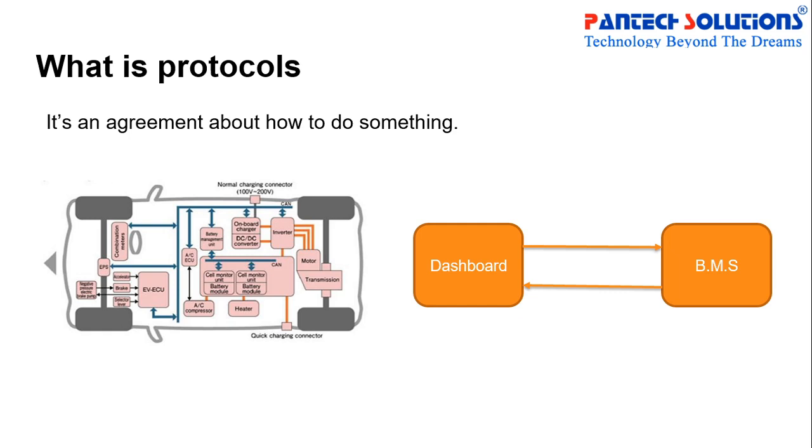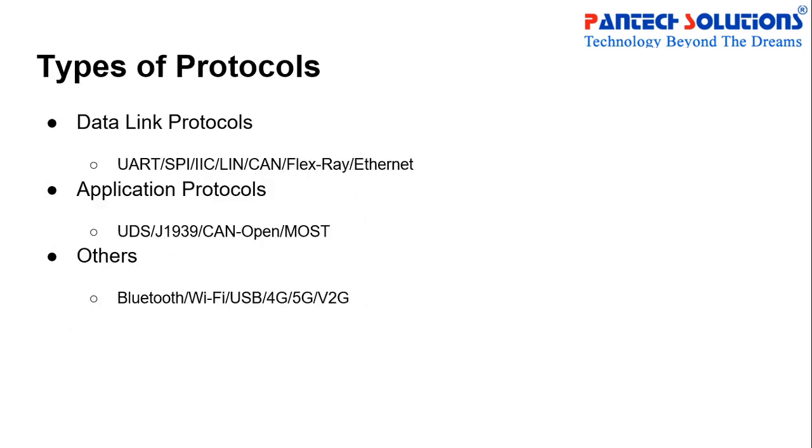In automotive electronics, there are a lot of protocols. We can classify them into three types: data link protocols, application protocols, and generalized protocols. In the data link protocol, if you want to transfer a message, generally we can call it three types of message: low bitrate message, medium bitrate message, and high bitrate message.